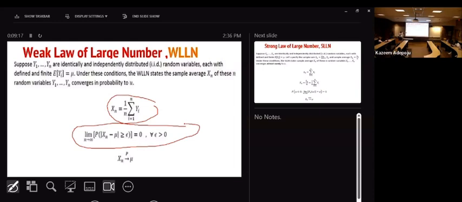You're trying to say that when the sample size is large, the probability that the absolute value difference between the sample mean and the population mean will be greater than epsilon is 0. We don't want it to be greater than, we want it to be less than. So what we're trying to say is that it's not possible, it's going to be 0. And if it is less than, I'm going to put 1. Does that make sense? This is still the weak law of large numbers.